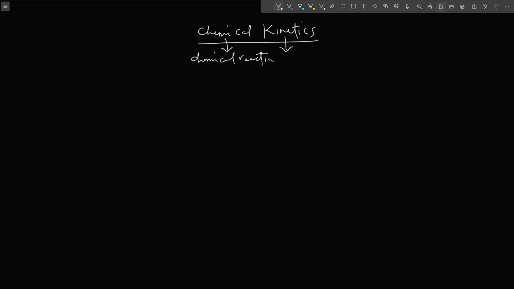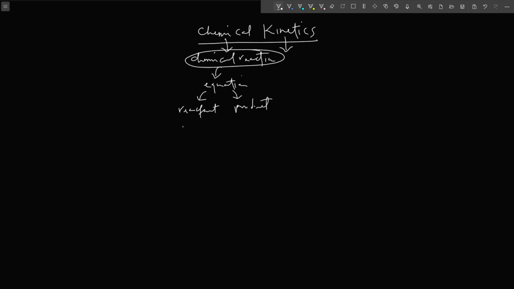And a chemical reaction in chemistry is simply an equation that has two sides, one side called the reactant and the other side called the product. So any equation that has the product side and the reactant side is called a chemical reaction.